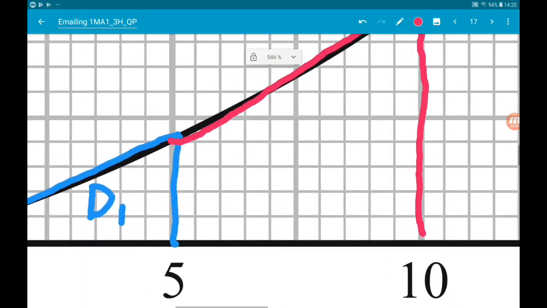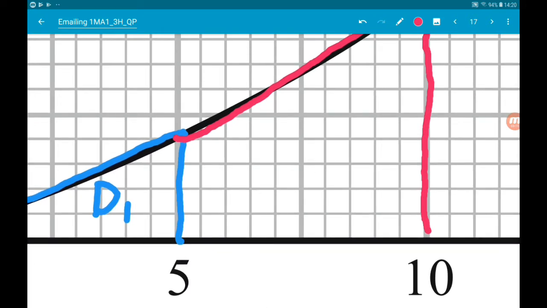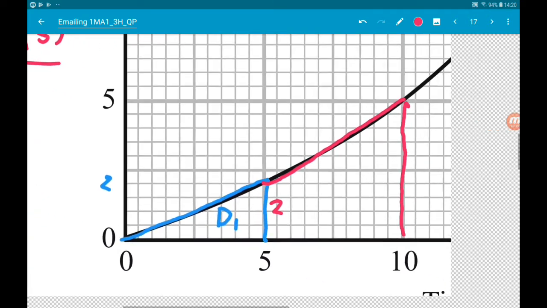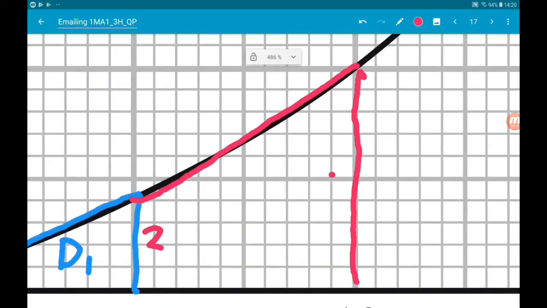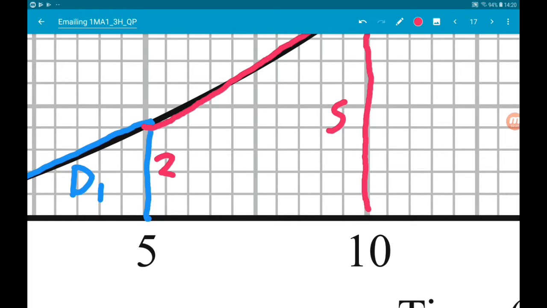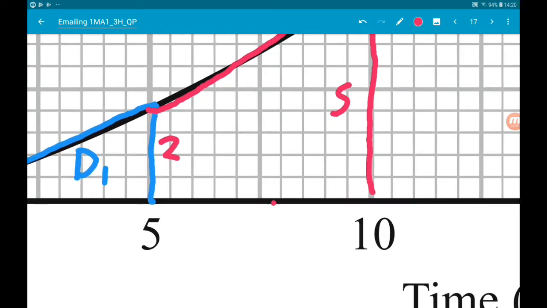So this length over here is 2. This guy is 5. And our width is 5.